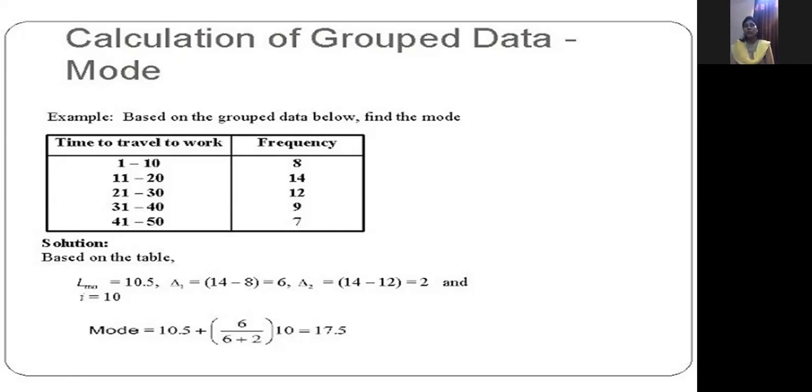As you start solving problems, you will understand the applications of mean, median, and mode. So this is all related to measures of central tendency, and the rest of this unit will be discussed in our next lecture.